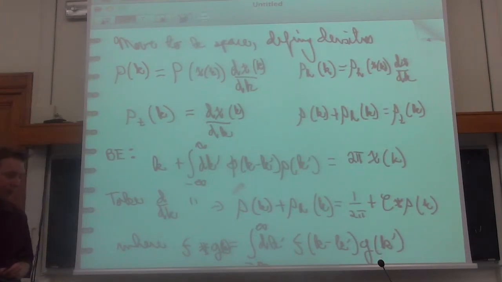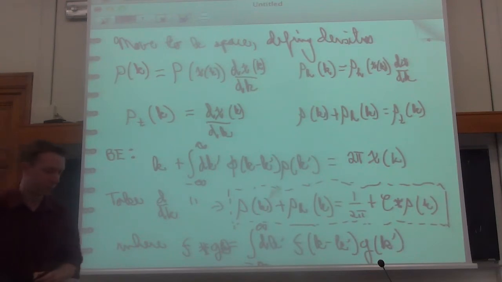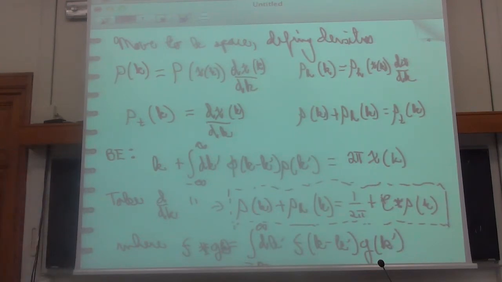Okay? So these are important equations. Okay, so this c, you remember, it's 1 over pi c divided by k squared plus c squared.